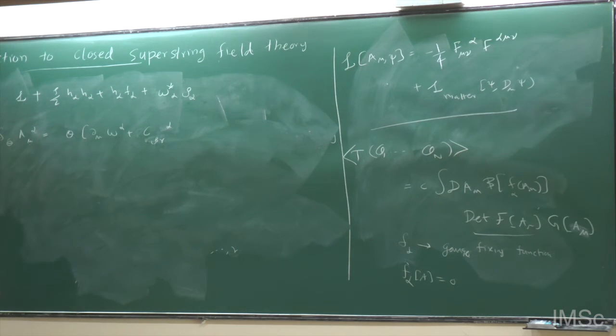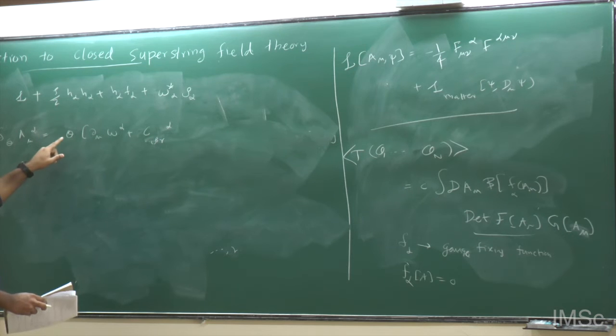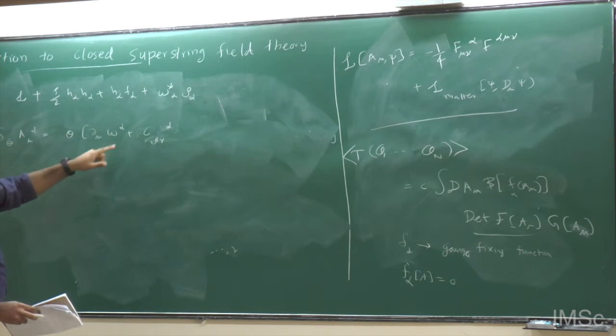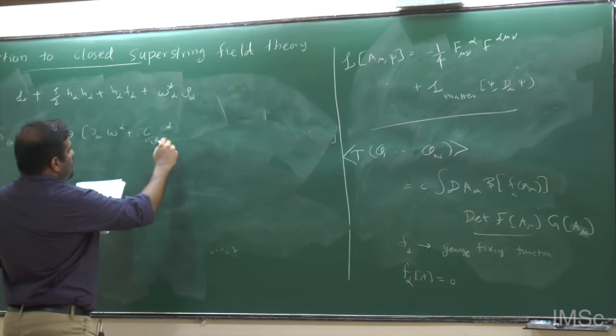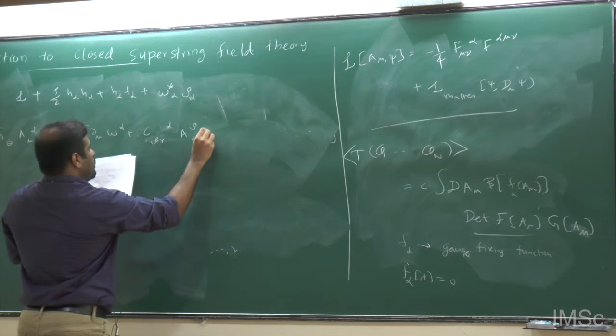I'm going to define a delta theta variation using this relation: delta theta A mu alpha is equal to theta times del mu omega alpha plus C beta gamma alpha A beta mu omega gamma.